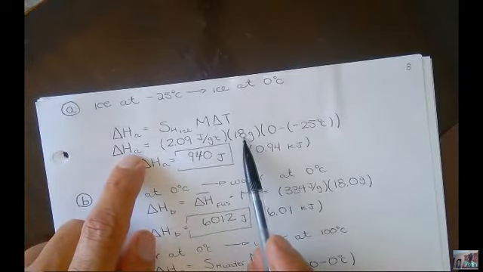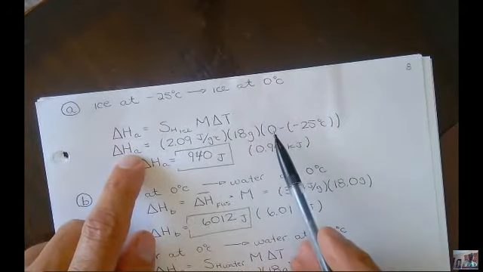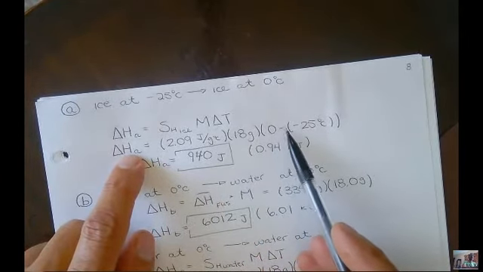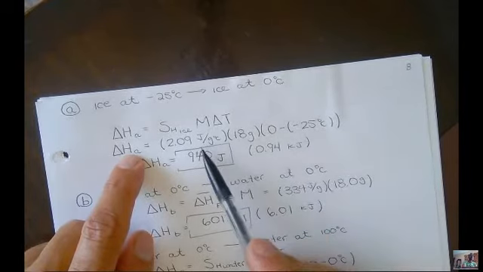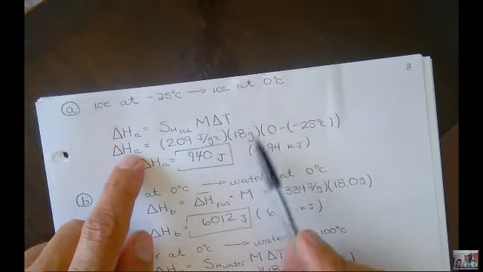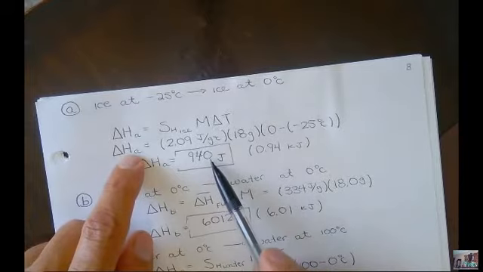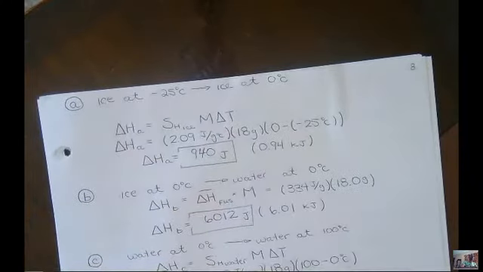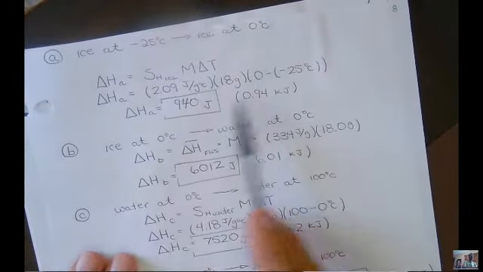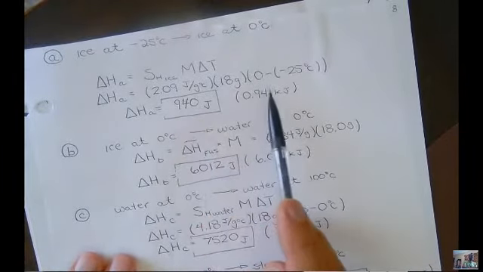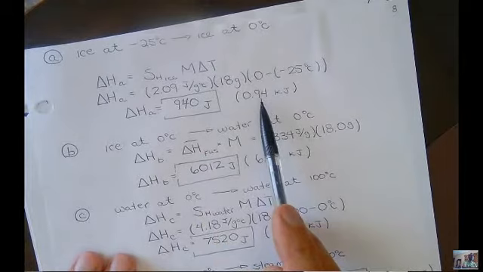Multiplied by the mass, right? 1 mole is 18 grams. Multiplied by the change in temperature, 0 minus a minus 25 equals a positive 25. So 2.09 times 18 times 25 gives you 940 joules. Okay? If you want to switch it to kilojoules now, you can. And just that one, just divide by 1,000 and that'll give you 0.94, but you don't have to.